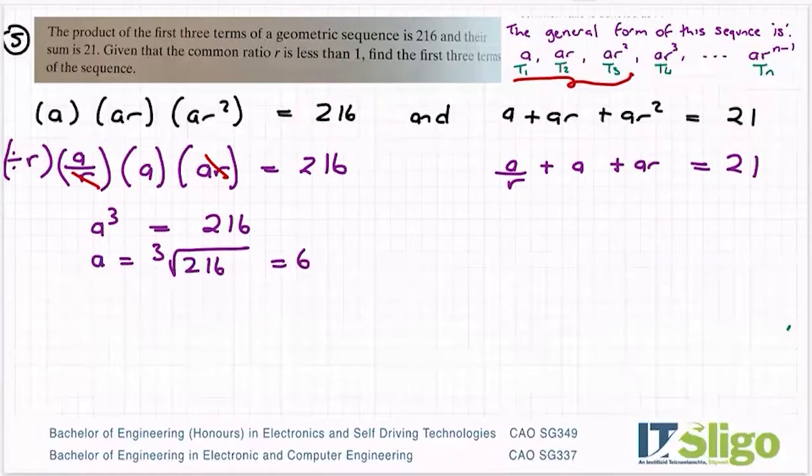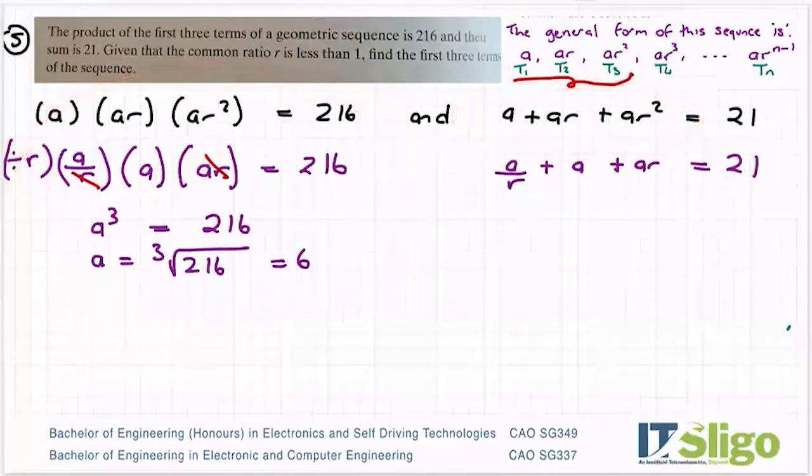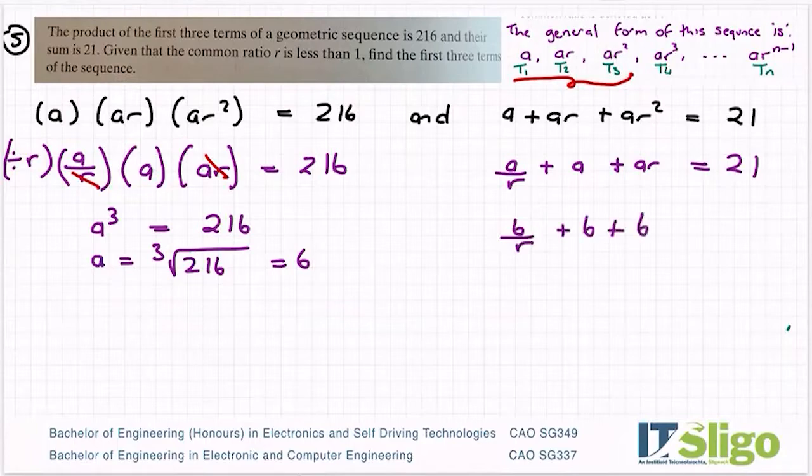So in other words, it's keeping the proportion or the ratio the same. I made this one r times smaller, so I have to make this sequence r times smaller. Then I can compare the two. So let's fill in our sixes that we have. So I have 6 over r plus 6 plus 6r now being equal to 21.